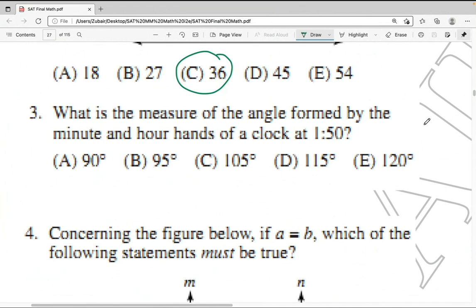Would it be 90? 100 and 115, sir? Mohammed, 115? Do you want to know how? But check your working quickly. Okay.